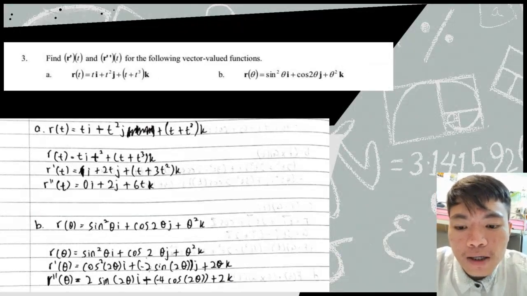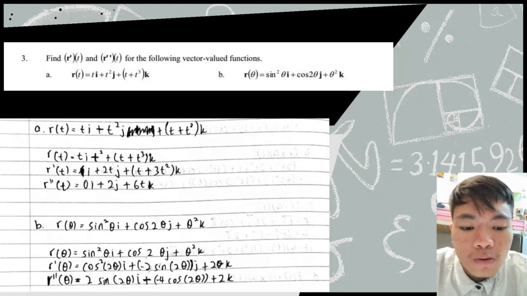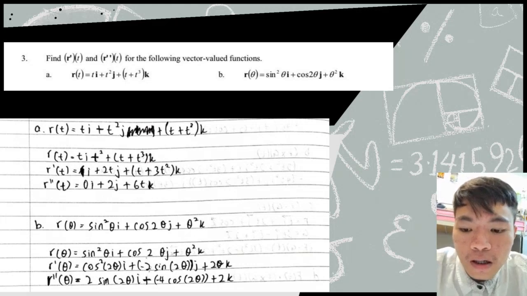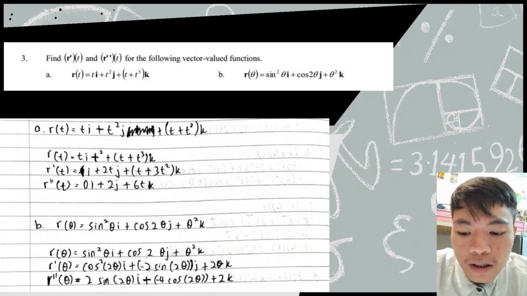Next, question 3. Find r prime of t and r double prime of t for the following vector valued functions. For question A, r(t) equals ti plus t squared j plus t cubed k. In this question, the first thing is we differentiate, and we get the answer 2j plus 6tk.